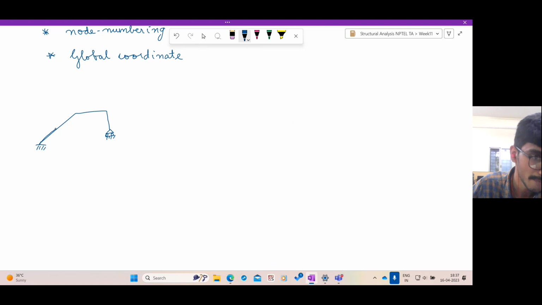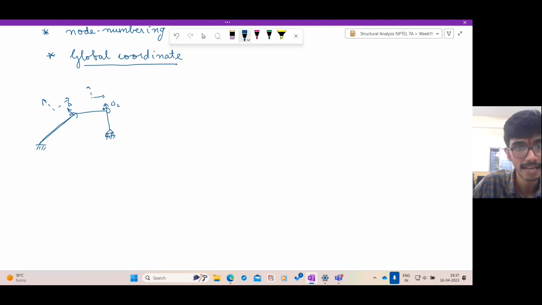So for this beam, the transverse direction is like this and rotations are like this. For this beam, the transverse direction is like this and the rotations are like this. So when you do it in the slope deflection method, the transverse degree of freedom delta is different in this beam and it is different in this beam. So you cannot add them up directly. This is in a different coordinate system that is oriented this way, and this is in a different coordinate system that is oriented this way.